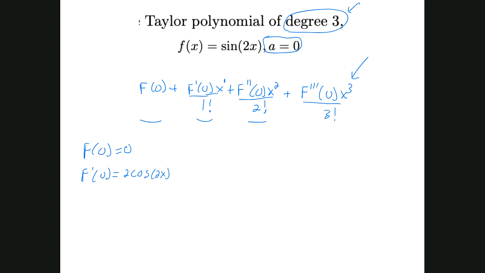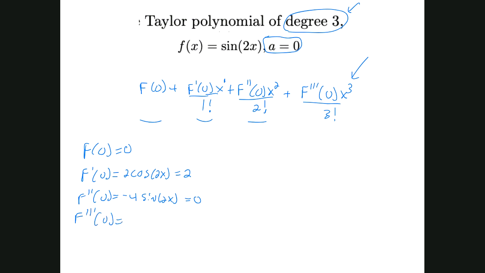That gives me cosine of 0, which is 1. 2 times 1 is 2. So now I know what f prime of 0 is equal to. Then I need f double prime of 0. Well, if I take the derivative of this, what do I get? Negative 4 sine 2x. Well, if I put 0 in here, the sine of 0 is 0. Negative 4 times 0, that's 0. So that's just 0.